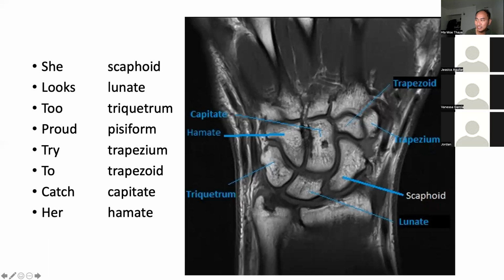So that is second row. So these are the carpal bones in our wrist between metacarpal and the distal radius. So this mnemonic, she looks too proud, try to catch her. She stands for the scaphoid and it starts from the radius side.